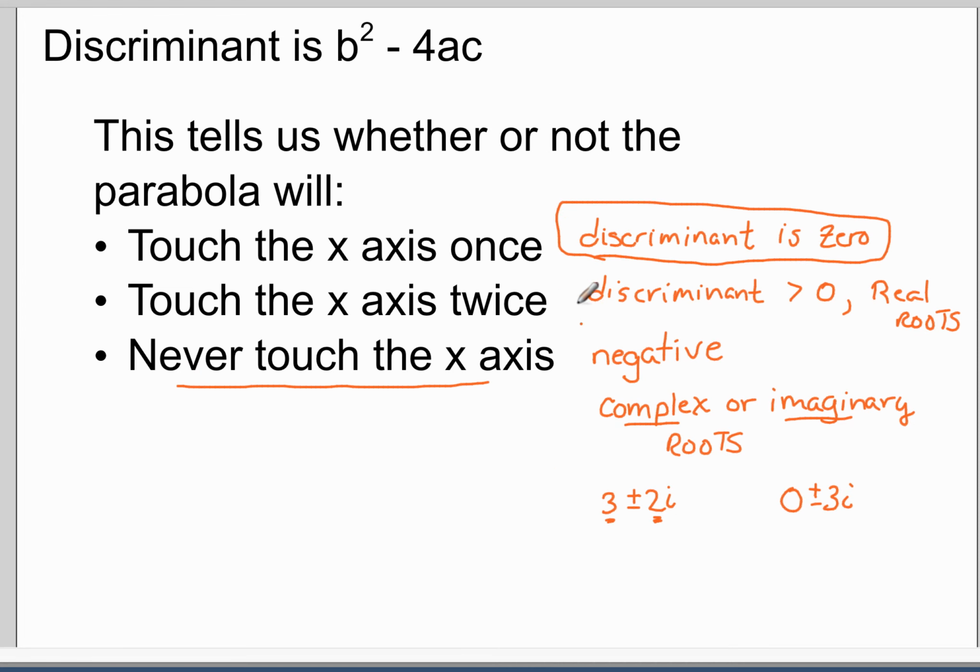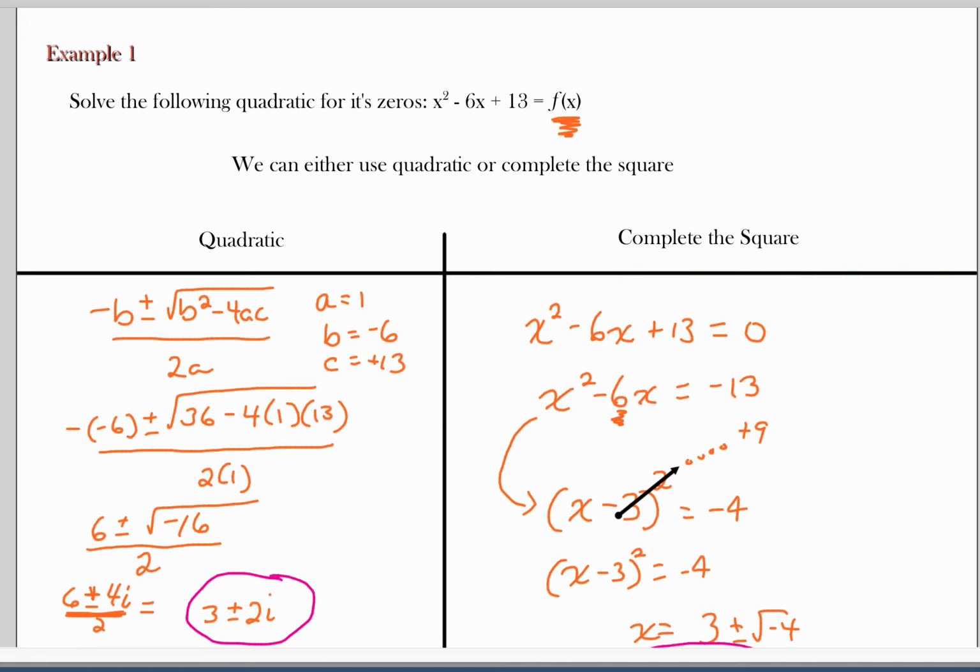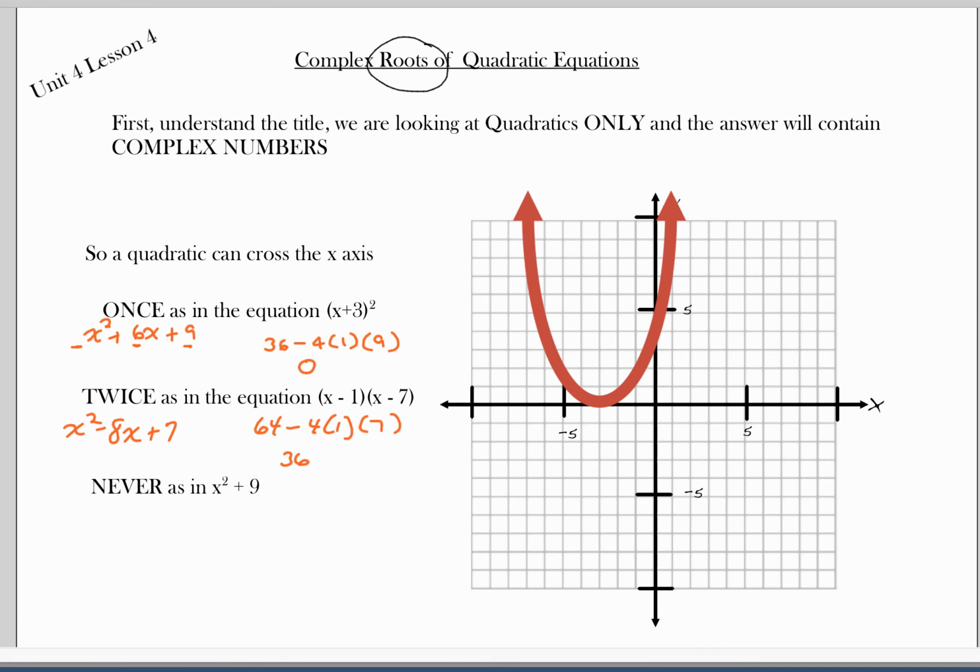When the discriminant is greater than 0, there are actually 2 real roots. And there were here, 1 and 7. Okay, it would look like that.